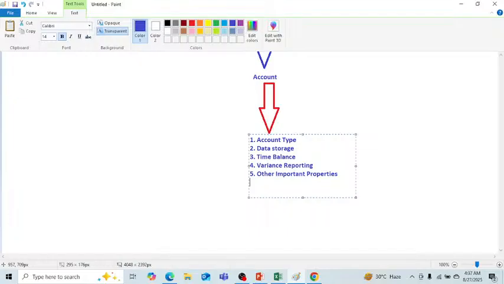Under this we have some other important properties like data type.